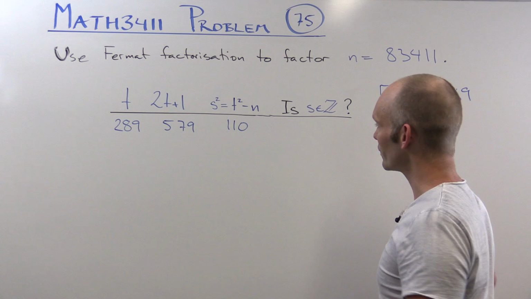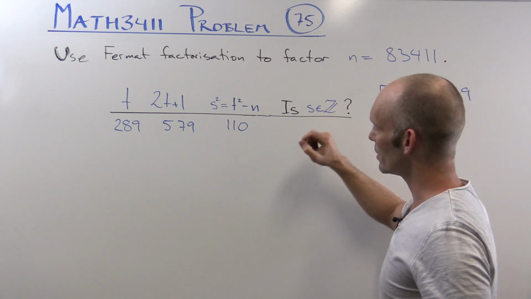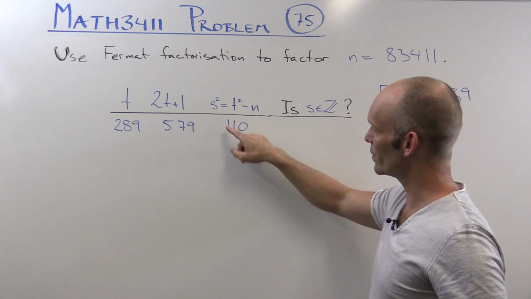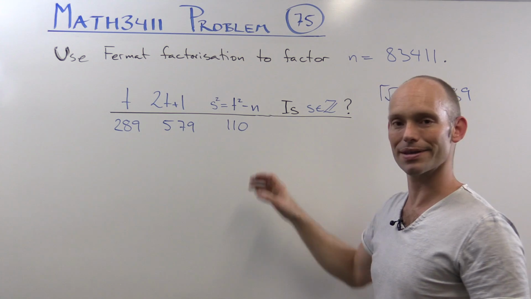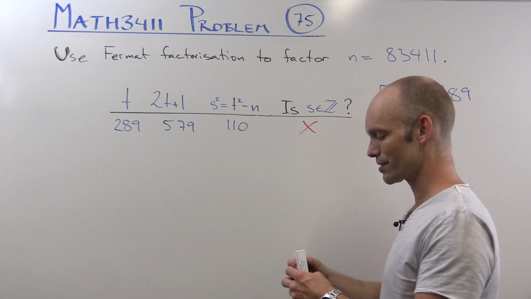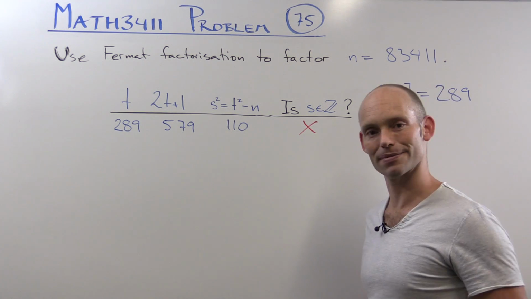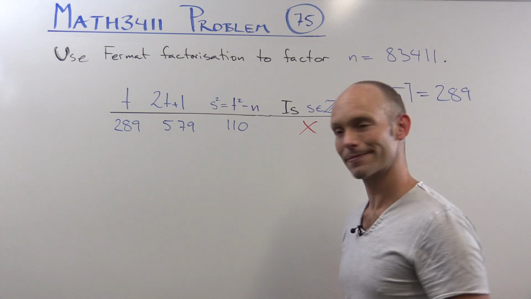At this step and every other step, we're going to ask, is this number a square? So in other words, s squared is 110. If we take the square root of that, is that an integer? And the answer is no. Let's draw a red cross like that. As long as that's the case, we continue.